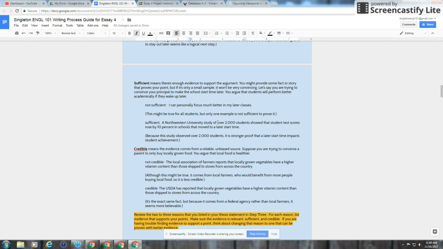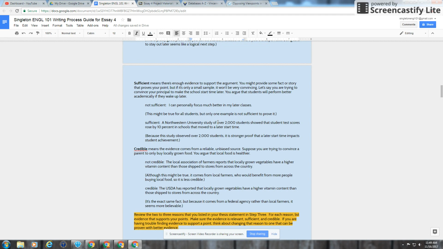And then also the evidence needs to be credible. That means that it needs to come from a reliable, unbiased source. This is where that CRAP sheet comes into play. For example, if I said, oh, the local association of farmers reports that locally grown vegetables have a higher vitamin content than those shipped to stores from across the country.